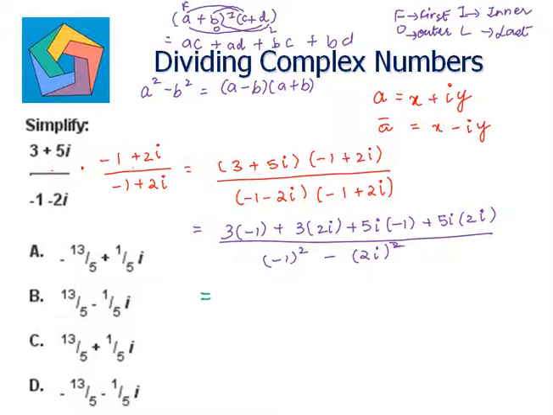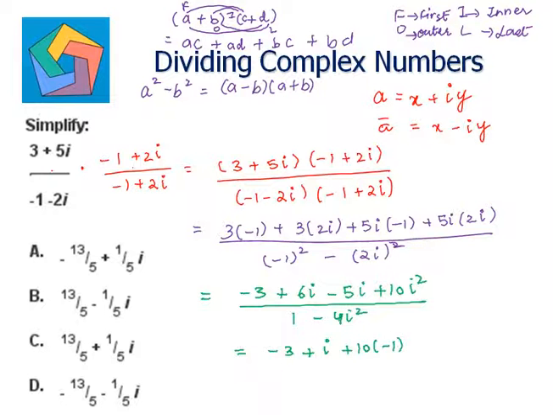This is equal to -3 + 6i - 5i + 10i squared over 1 - 4i squared. Now i squared is -1, so it's equal to -3 + 6i - 5i + 10 times -1 over 1 - 4 times -1.